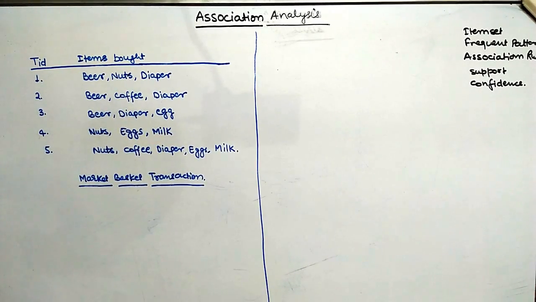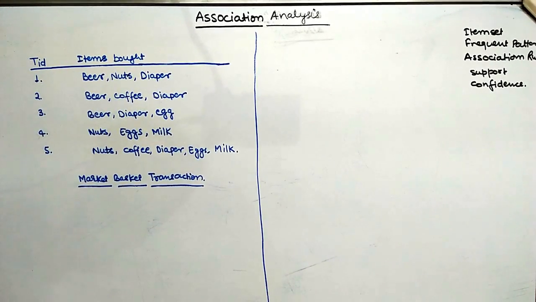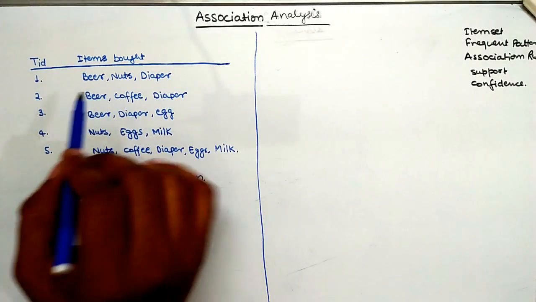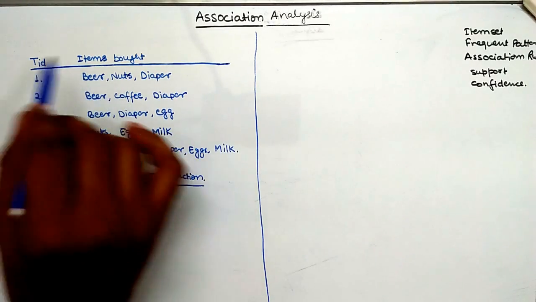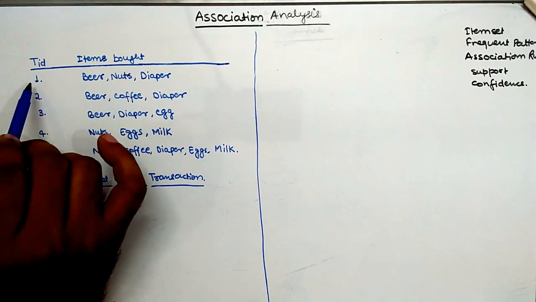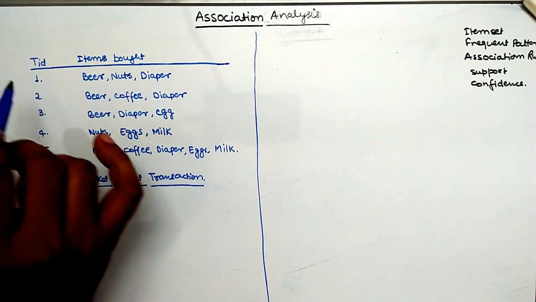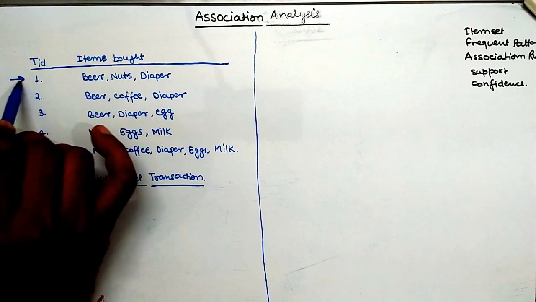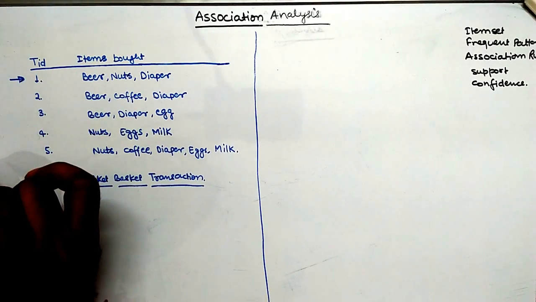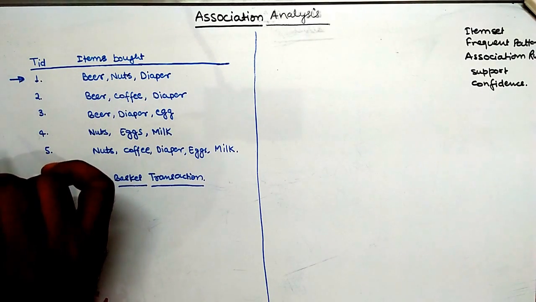The most common terms are inherited from market basket analysis or basket transactions. Like in this table, the transaction is provided. These are your transaction IDs, and you can think of a transaction as one order given at the shopping counter of the market or any mall.